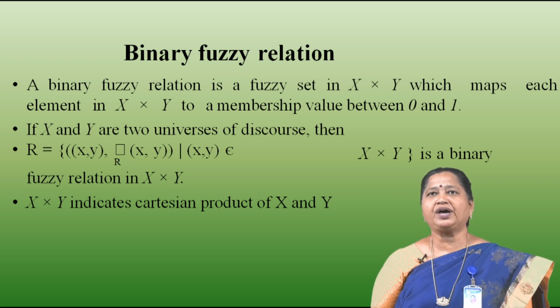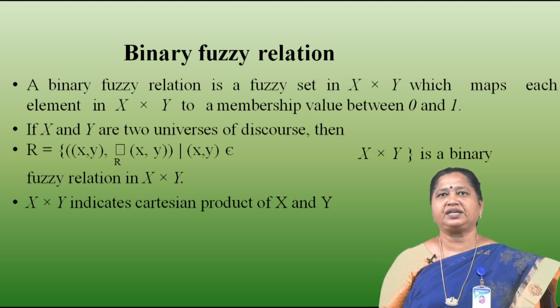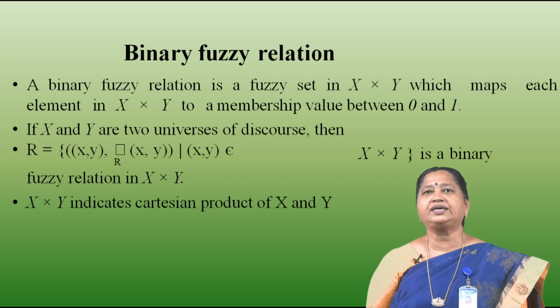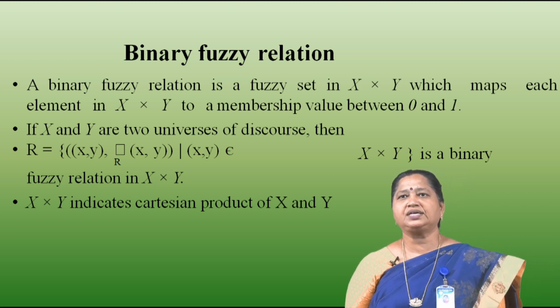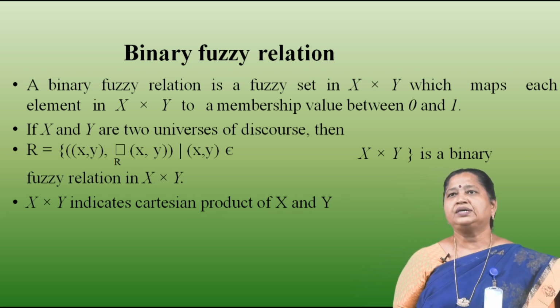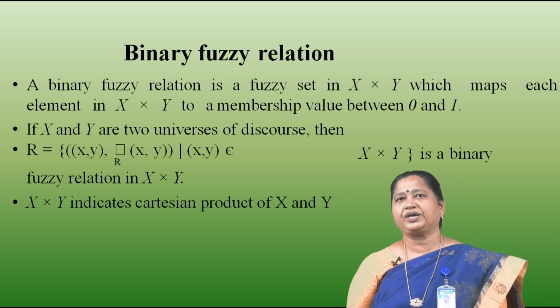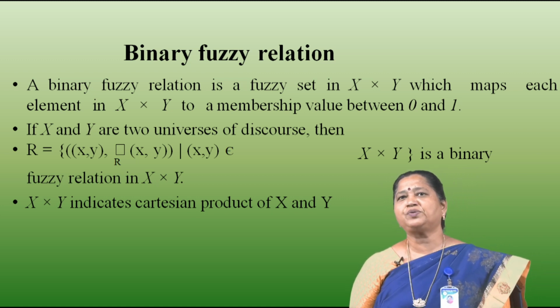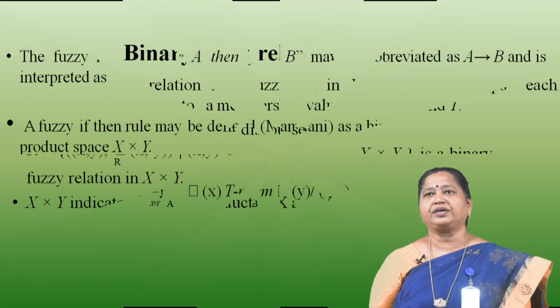If X and Y are two universes of discourse, then relation R equal to the set of x comma y, mu R of x comma y, such that x comma y belongs to capital X cross Y, is a binary fuzzy relation in X cross Y. Here, X cross Y indicates the Cartesian product of X and Y.